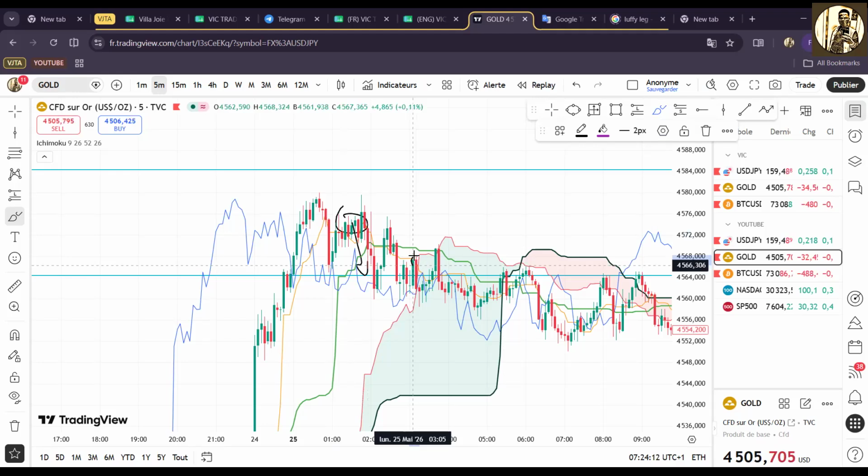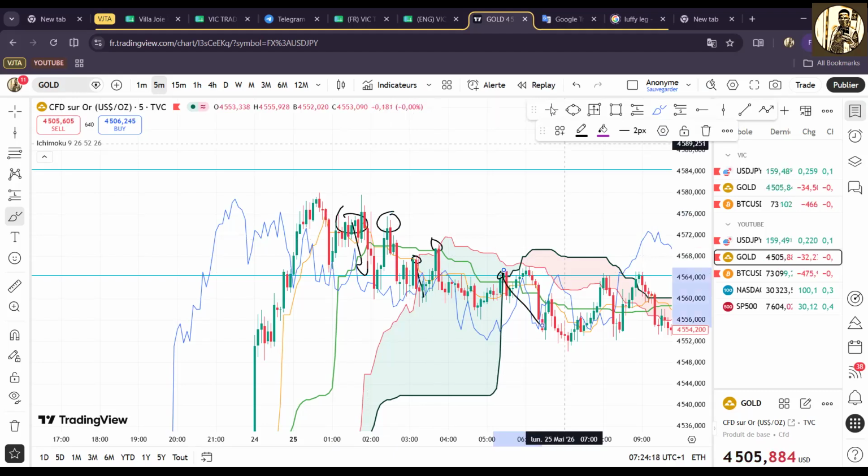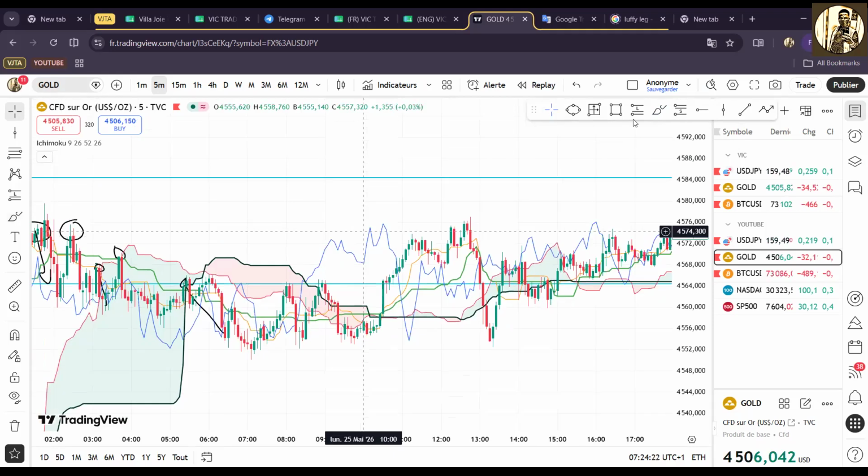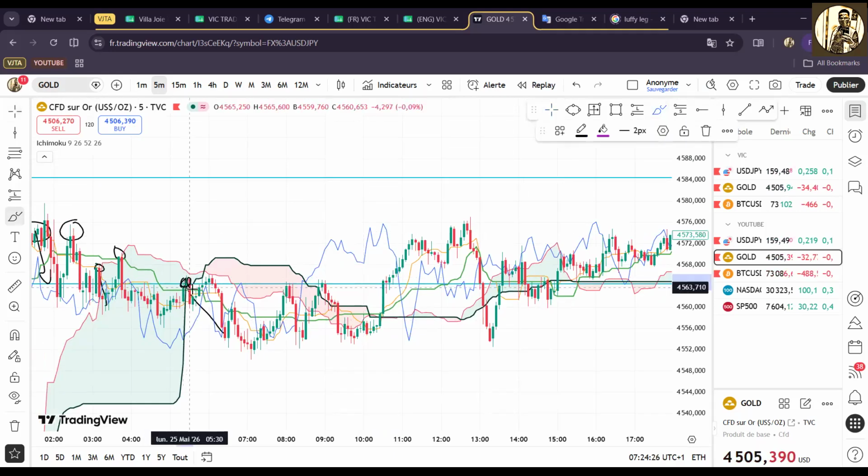But rather than selling this Tenkan here below, sell Kijun. Just sell Kijun and then sell the SSB because it has more weight. For example, if you miss this SSB inverted or this Kijun, and you come and sell instead this Tenkan here below, you see the movement did not go too much down.